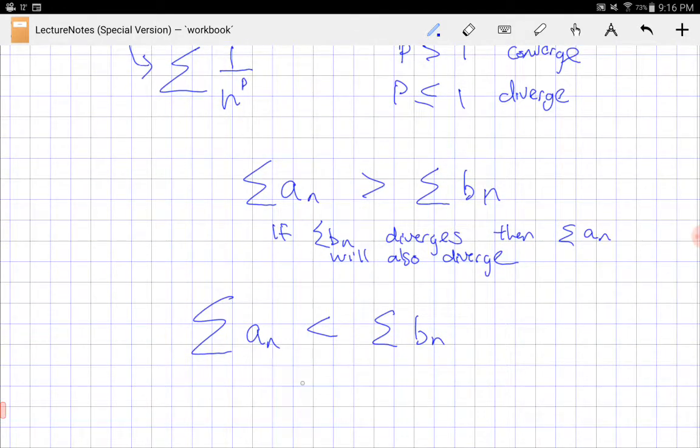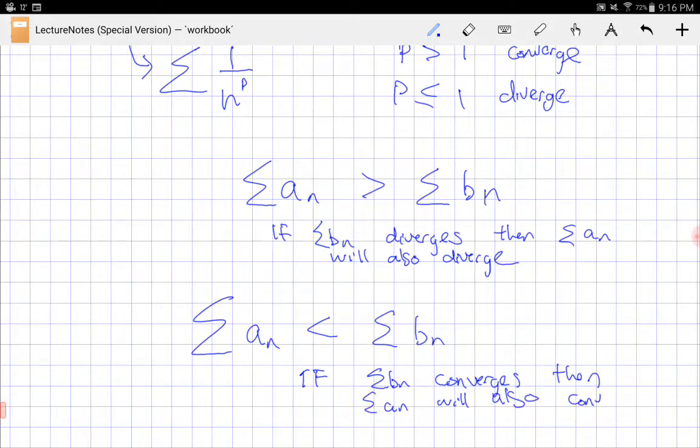So if an is less than bn and they're both positive, and we know that the sum of bn converges, then the sum of an will also converge.